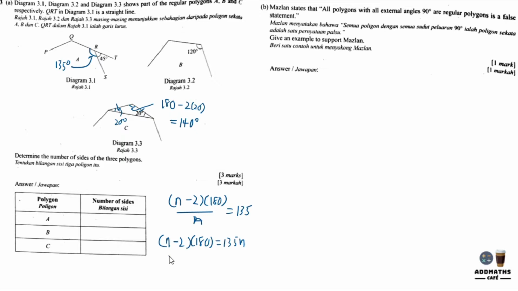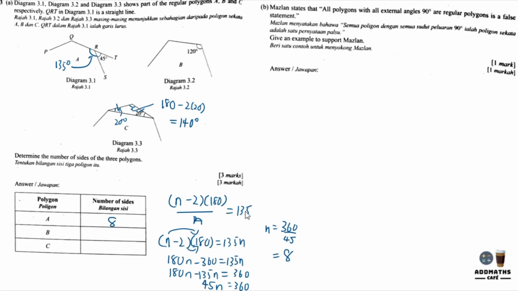So 180n minus 360 equal to 135n, and 180n minus 135n will equal 360. So 180n minus 135n will give you 45n equal to 360. So n will be 360 divide 45. You will get 8. So the first one is 8.